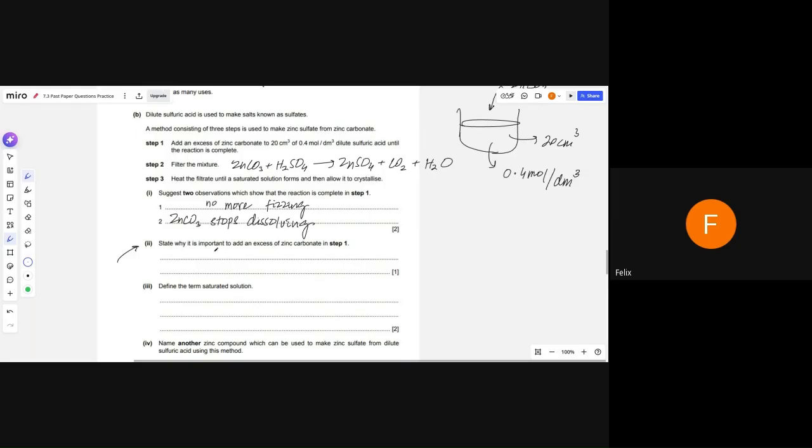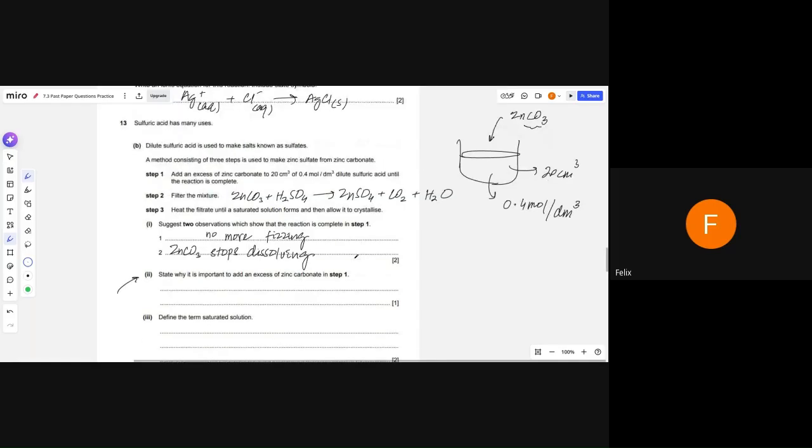State why it is important to add an excess of zinc carbonate, because once the reaction stops, there will be some excess zinc carbonate that will be insoluble and present in the mixture. Zinc sulfate is soluble, so we remove the excess by filtration.